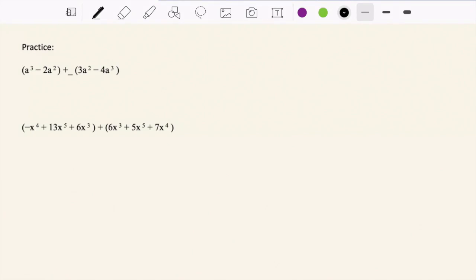Let's go ahead and look at these example problems. Our first step is to rewrite it without the parentheses. So we have a cubed minus 2a squared plus 3a squared minus 4a cubed.